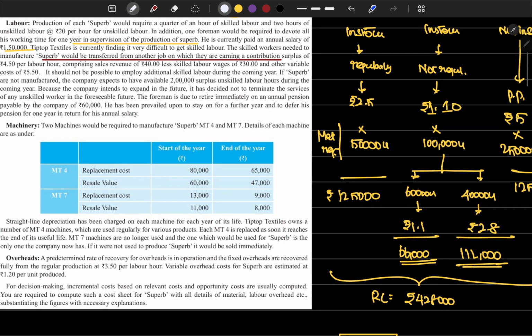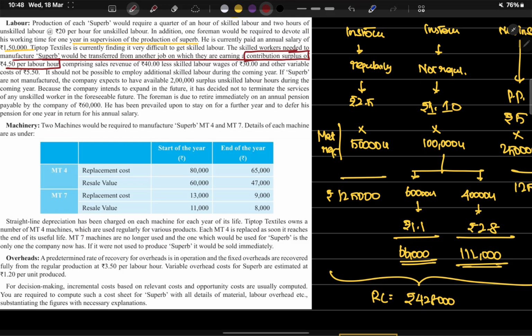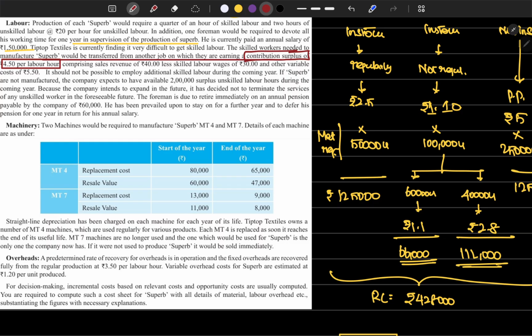They are working on a project or some other job where they are earning a contribution surplus. So what's the contribution surplus they are having? Rupees 4.5 per labor hour, with sales revenue of 40.